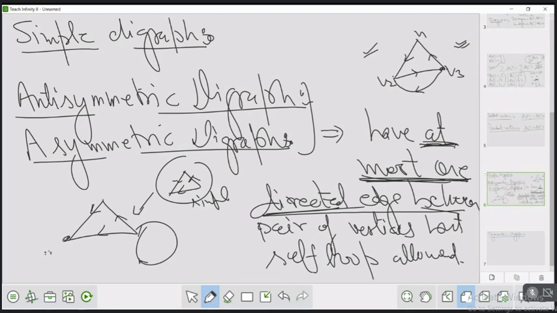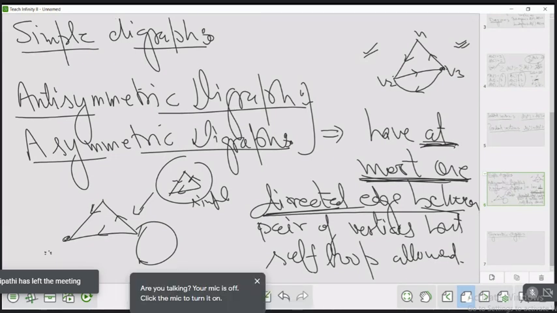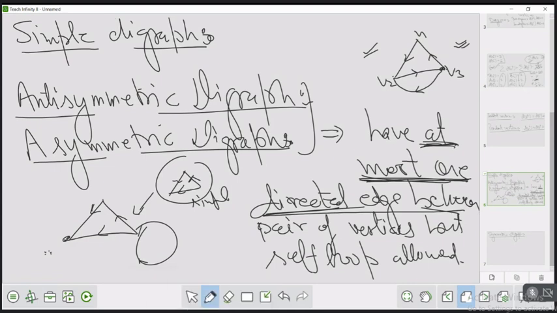If a graph is simple, it is not necessary that it is antisymmetric. And if a graph is antisymmetric, it is not necessary that it is a simple graph.